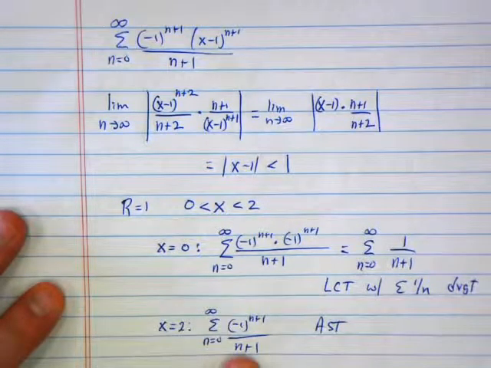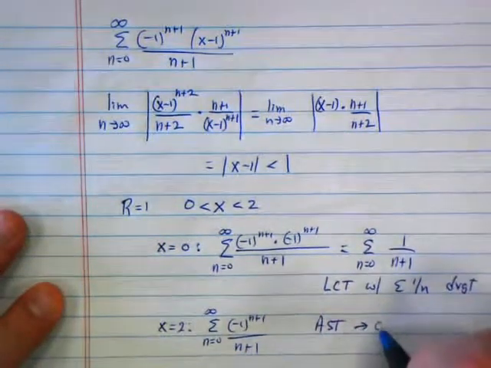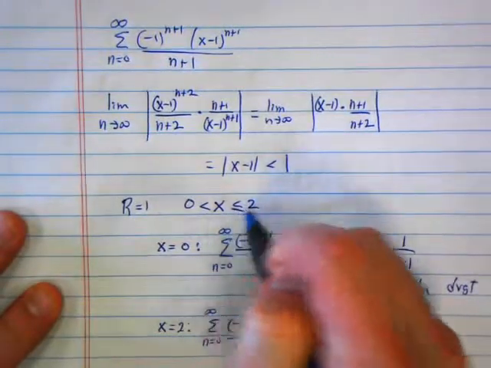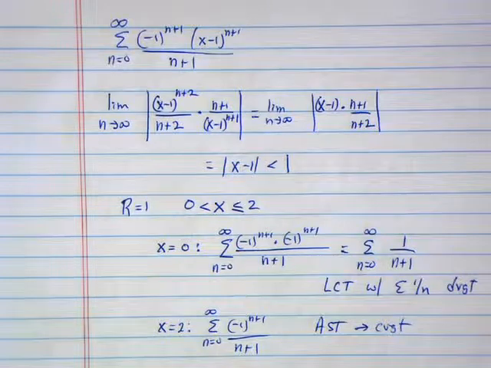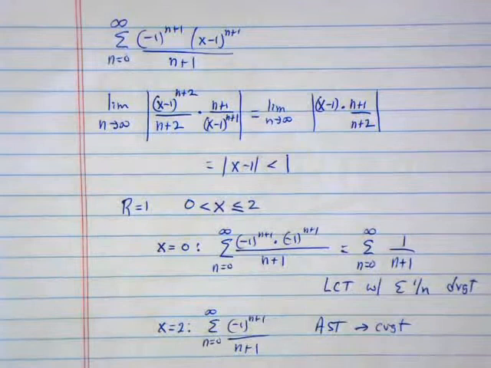Is the limit as n goes to infinity of 1 over n plus 1 equal to 0? Yes. So the alternating series test tells me that it is convergent, which means I get to put an equal sign on my interval. This one will converge for x bigger than 0, but x could be less than or equal to 2. So there's an example where you get an equal sign on one of the numbers, but not the other.